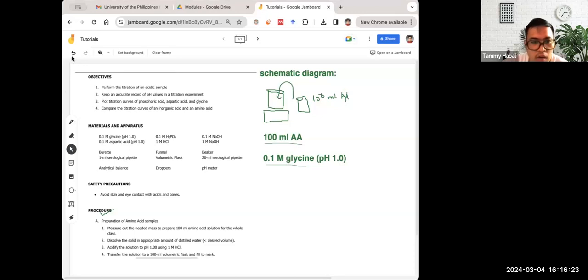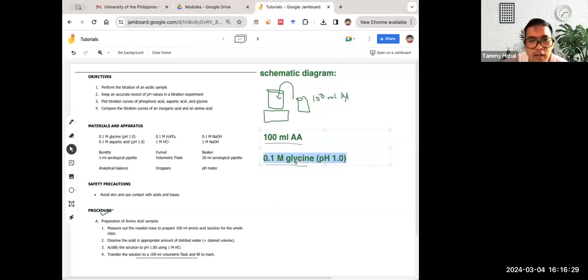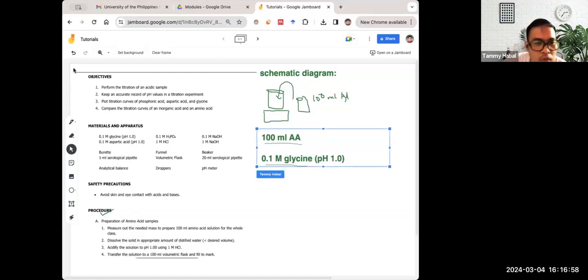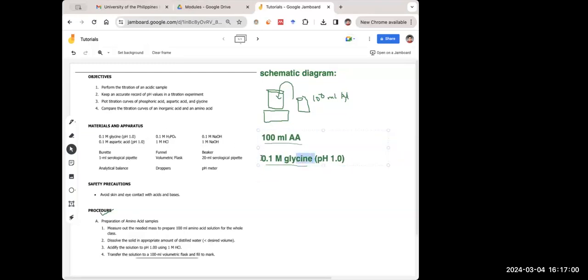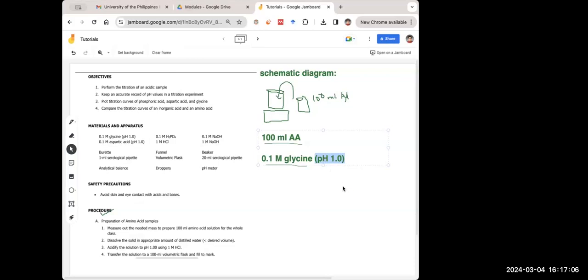I'm just trying to figure it out. I'll give you 2 minutes. Give me the grams of glycine needed, but don't mind the pH. Just 0.1 molar glycine. Let's do 2 grams first, okay.